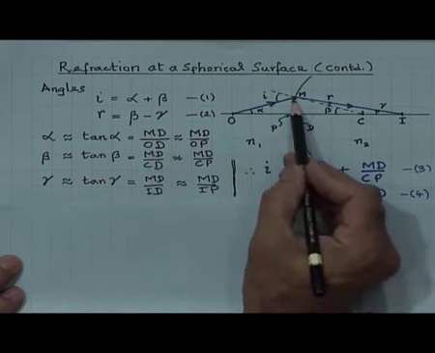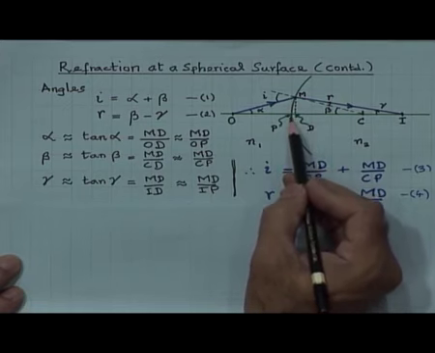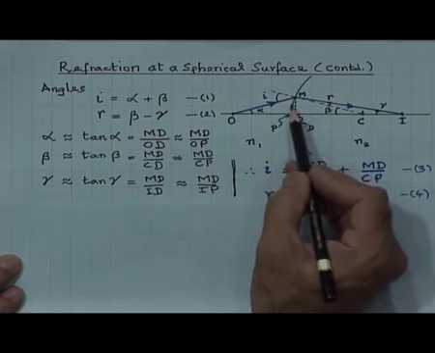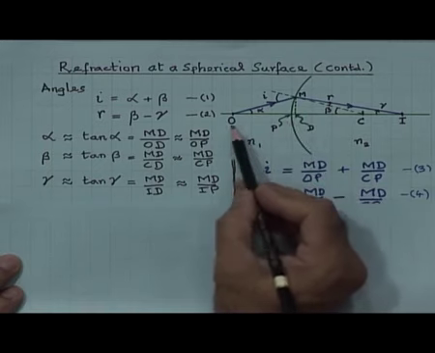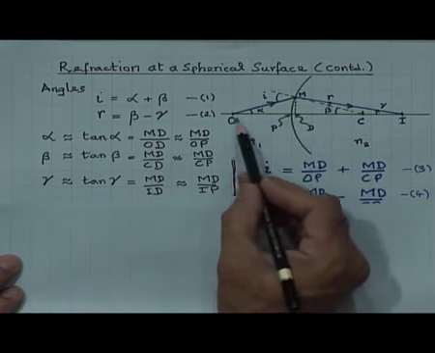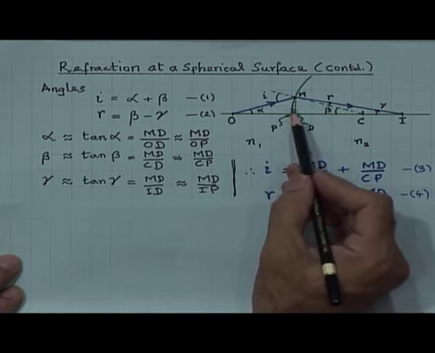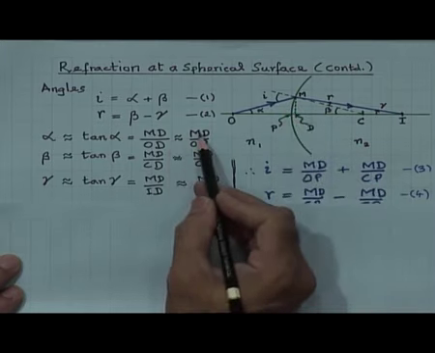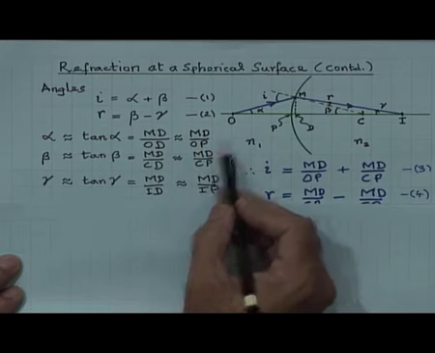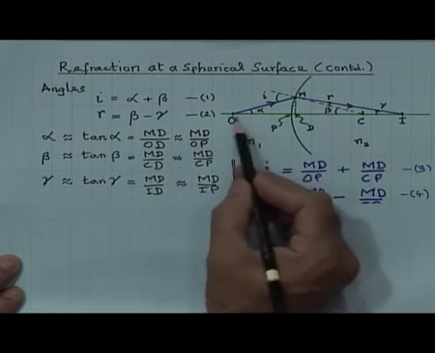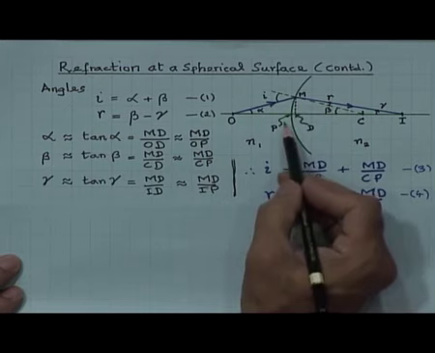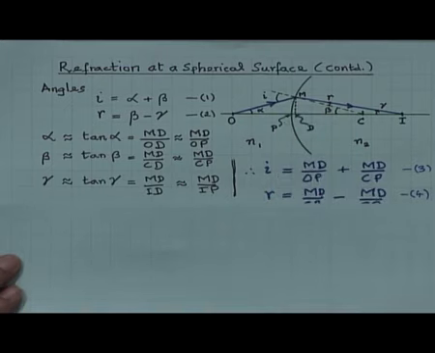But because the point M is close to the point P, that is, it is close to the axis, we write OP is nearly equal to OD, and therefore, this is nearly equal to MD divided by OP. That is, we approximate OD by OP. This is true for a paraxial approximation, or when we consider small apertures.